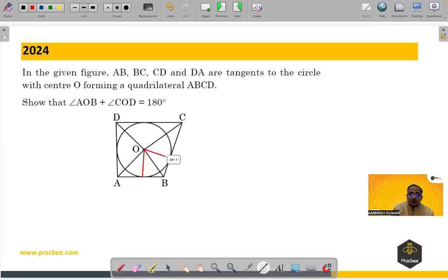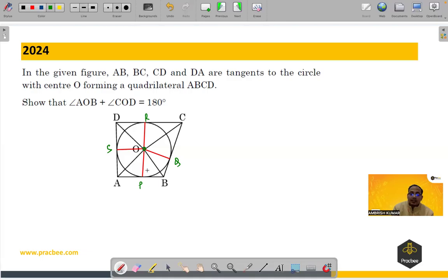Point of contact join with the center, for each side, right? Now see how we can solve this. We can give some names like P, Q, R, S.